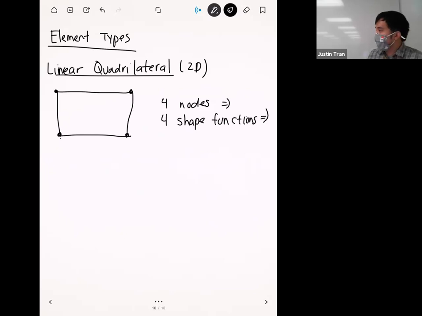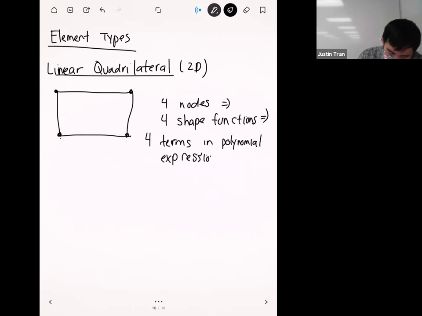And the 4 shape functions tell us that our approximating polynomial, or our finite element interpolation polynomial, has 4 degrees of freedom, or in other words, 4 different terms in the expression. Let's write out what those terms are.